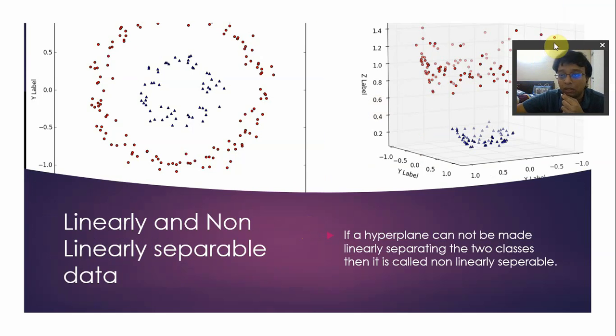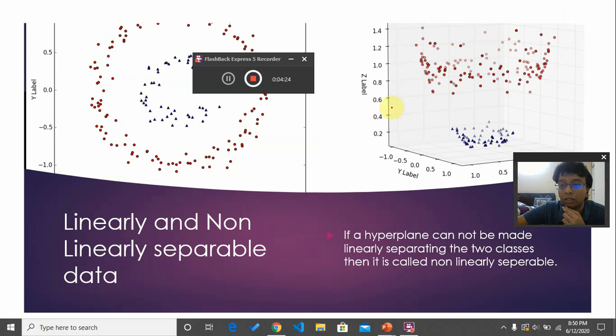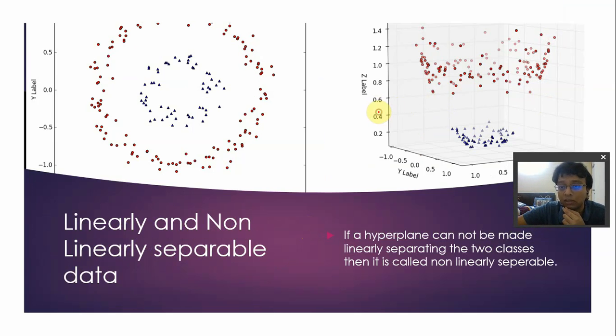The data can be of two types. It could be linearly separable or non-linearly separable. Linearly separable data will be such that a straight line can pass through the data and separate it into two groups. This is what we want to do in order to classify our data.